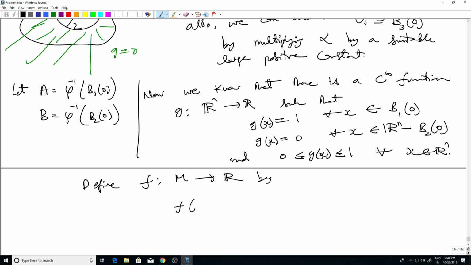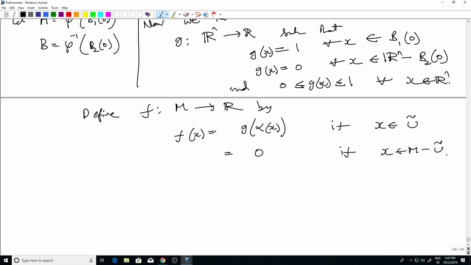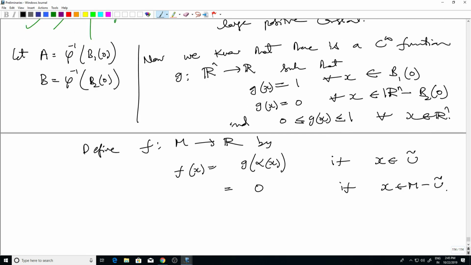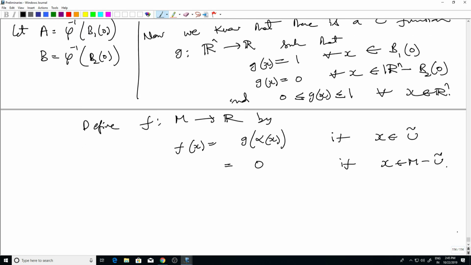So f of x equals g of alpha of x if x is in U tilde, and equals 0 if x belongs to M minus U tilde. So this has been defined in a piecewise way, sort of.